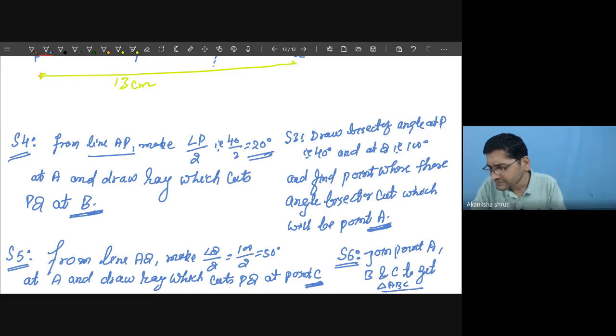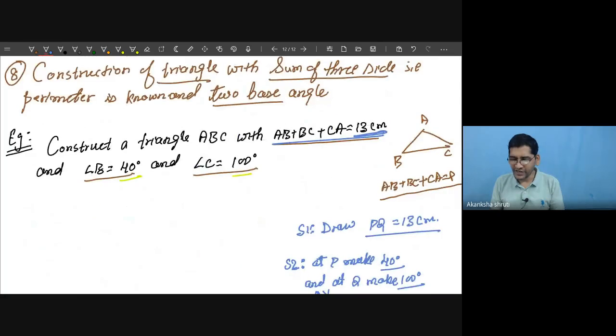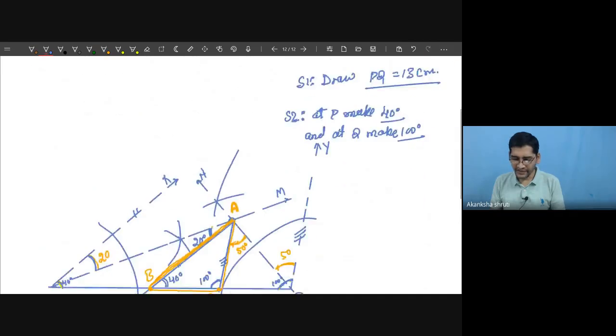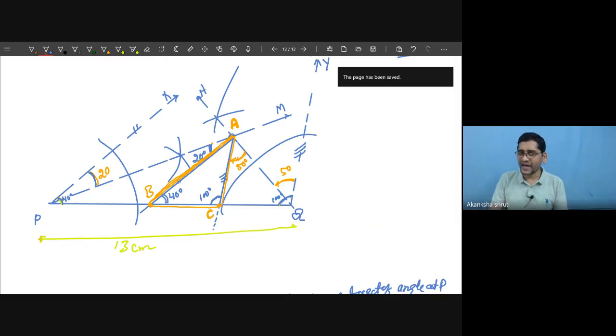That's all. Okay? This way the triangle is drawn. So questions of drawing this triangle by knowing their perimeter and two angles are very easy. Okay, student? So these are the steps that you need to follow. Any doubt, then please ask me, student.